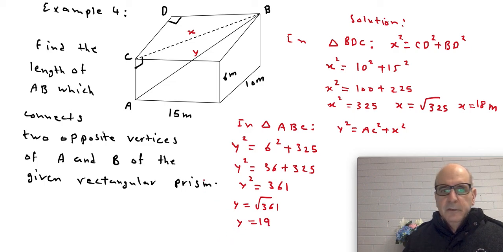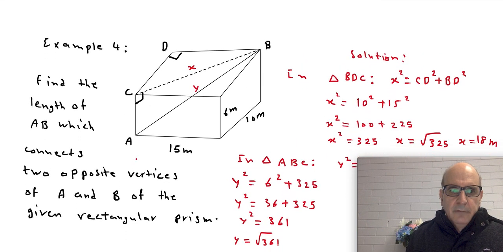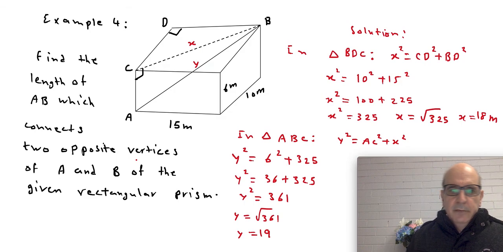So 19 meters is the length of Y. Okay, find the length of AB. So basically the largest diagonal that you can have here is AB, and it is 19 meters.